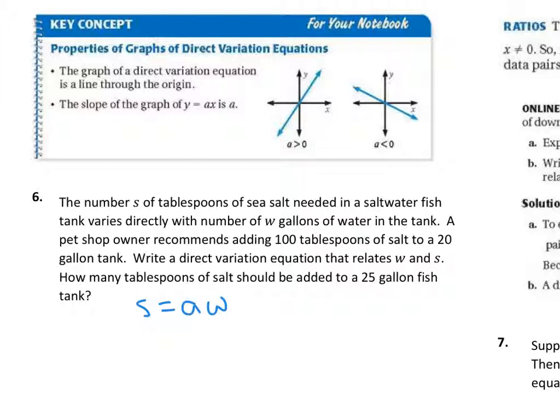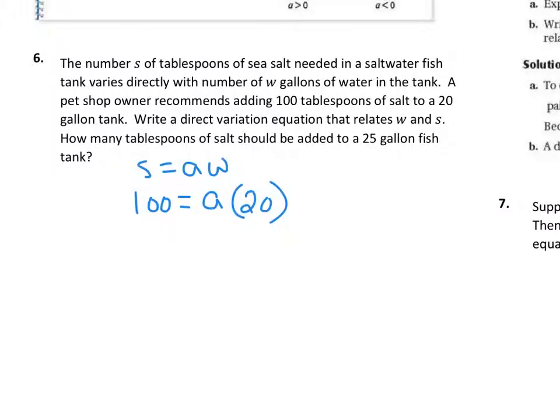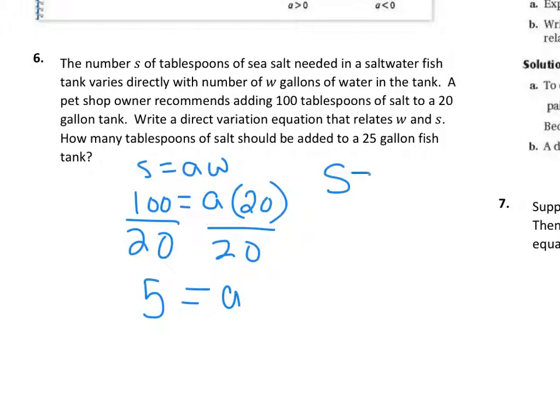Well, they told you that 100 equaled, we don't know the constant, for 20 gallons. So now we need to solve that for the constant. So divide by the 20. A equals 5. So now we know our equation is S equals 5W.